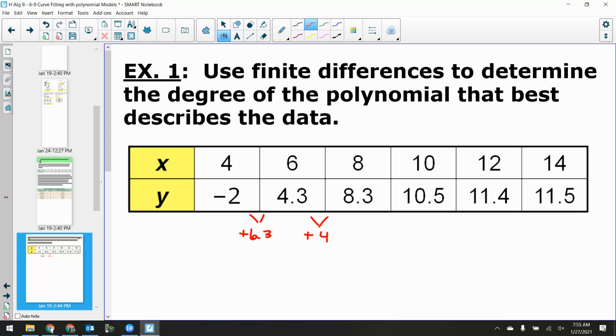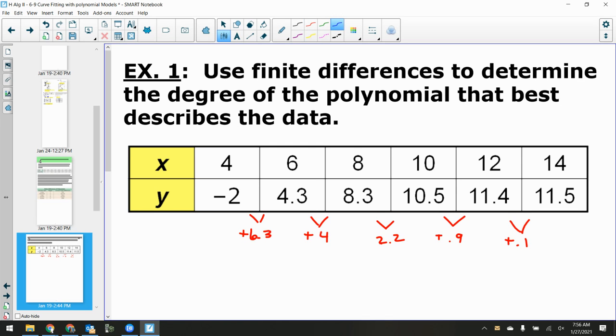Going from 8.3 to 10.5, that's 2.2. Then from 10.5 to 11.4, up 0.9. And from 11.4 to 11.5, up 0.1. So we can answer this question right now: is it linear? No. Let's see if it's quadratic.